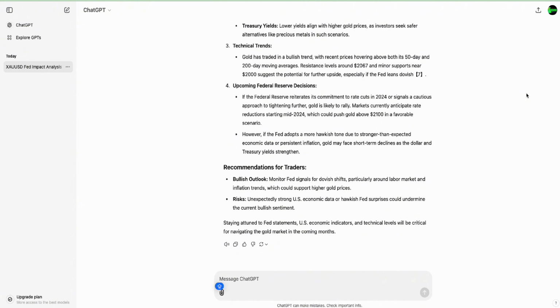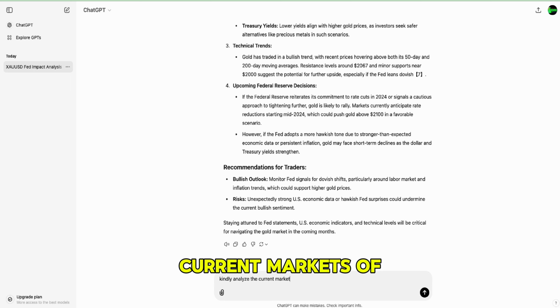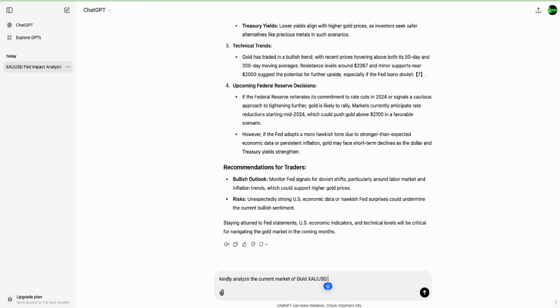So we'll say, kindly analyze the current market of gold, XAUUSD, which is currently sitting on 2650 points.